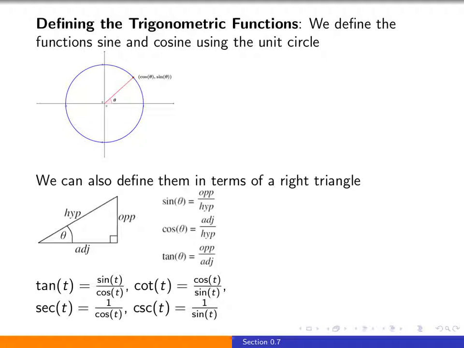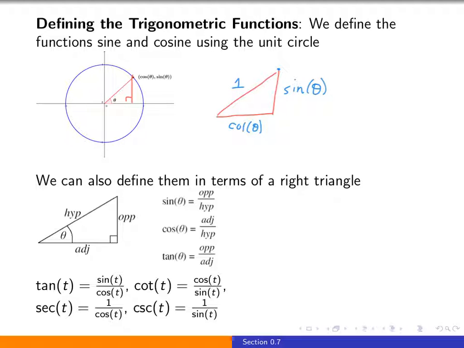And let me just make the observation that this is exactly the same way that you may have seen it defined in the past in terms of right triangles. Because now if we go ahead and complete a right triangle that we see in the picture, and if I blow this up a little bit, because we are on the unit circle, the length of the hypotenuse is 1. Because this upper right-hand point has components cosine theta, sine theta, we know that the length of this bottom leg is cosine theta, and the right leg is sine theta.